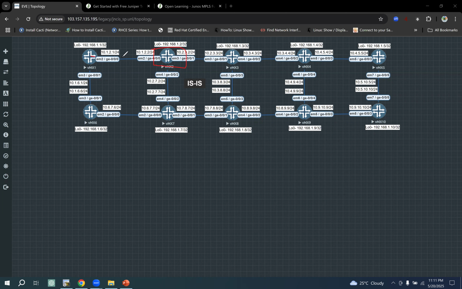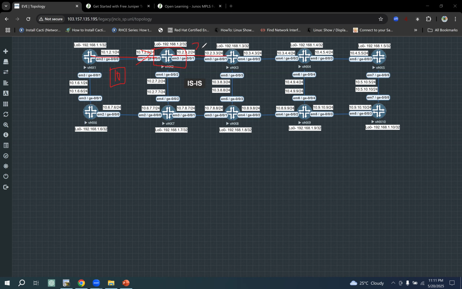Router 1 was sending the incoming label, maybe the incoming label is 10. Router 2 receives the incoming label and sends another label to router 3. Router 2 does not send the same label it received from router 1.